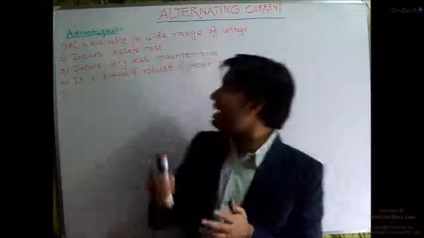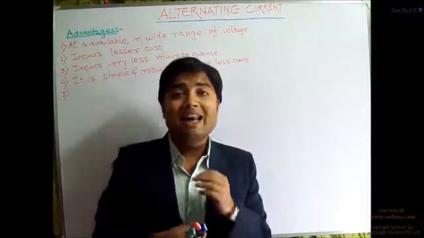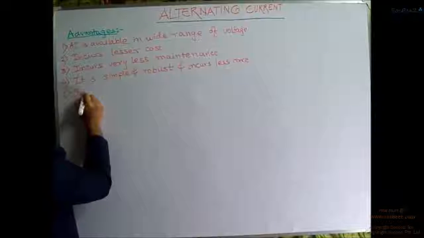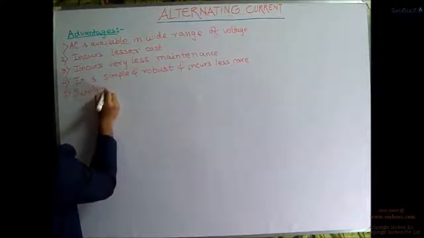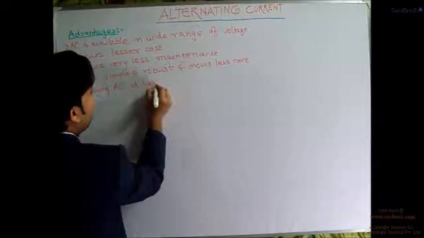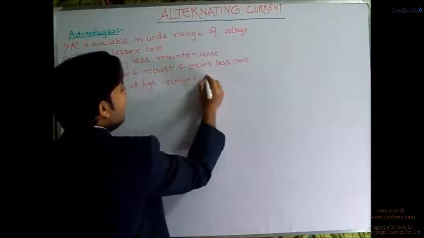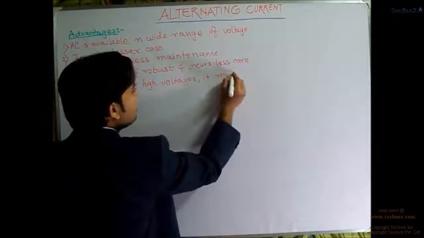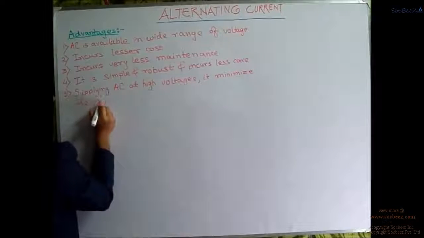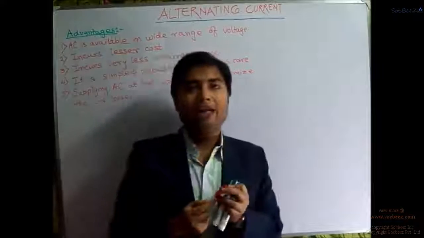By supplying this alternating current at very high voltages, we can minimize the line losses, right?